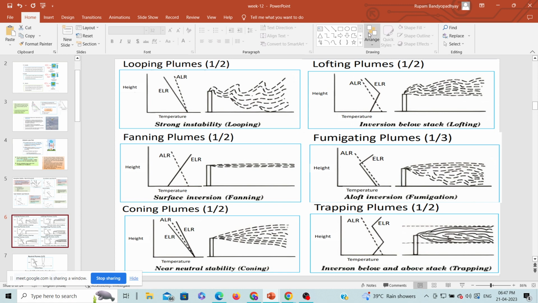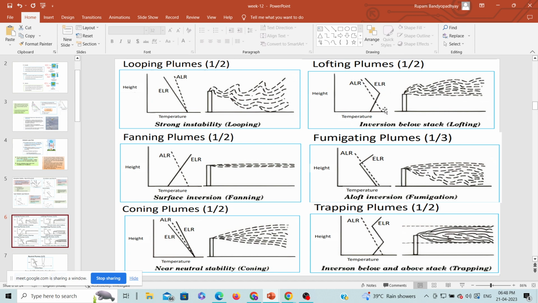And lofting plume is when the inversion is below the stack height. In that case the plume will not come to the ground level, because in inversion condition very little dispersion occurs, so it will go above the stack height.